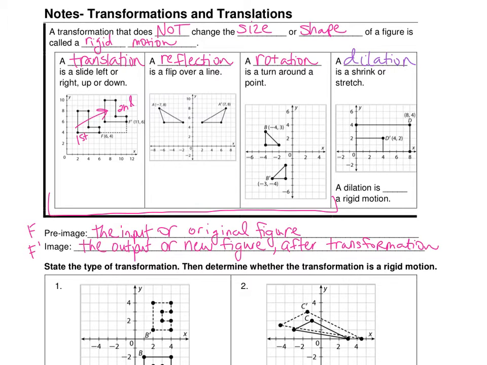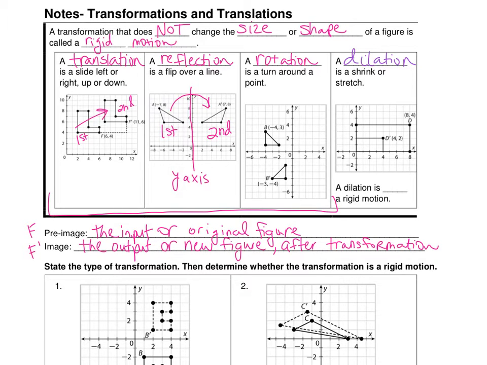So looking on to the next one, reflection is when it flips over a line. So we can see in the second one that the original figure, or the pre-image, is on the left. The image is on the right, so that means it flipped over the y-axis. So it reflected over the y-axis.